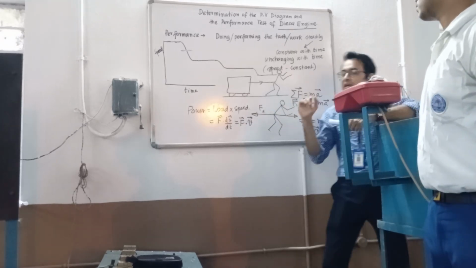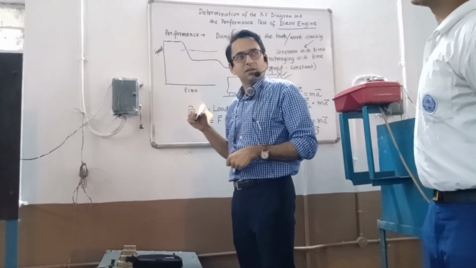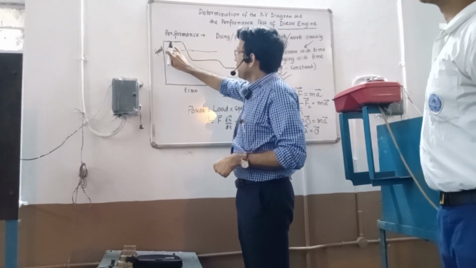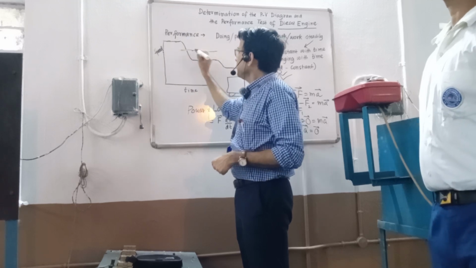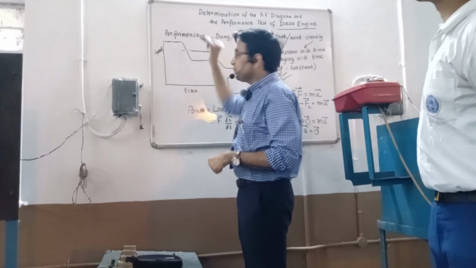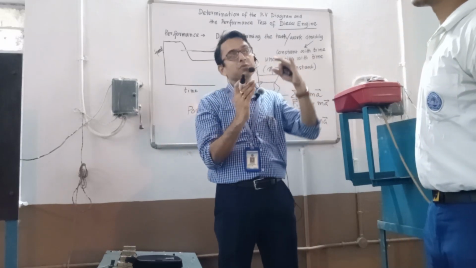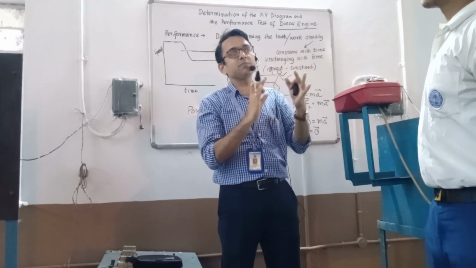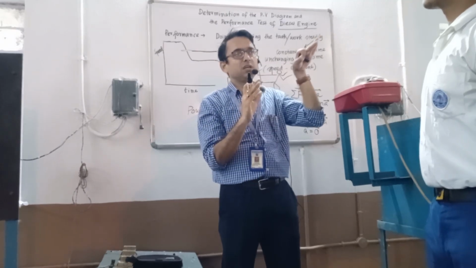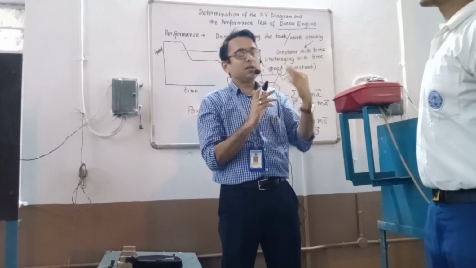That means whatever load I apply, say an in-between load, the speed will become somewhere here, right? Therefore it will become constant. That means the engine will produce that energy to overcome that load at that speed. The engine will adjust itself so that it will produce, right?